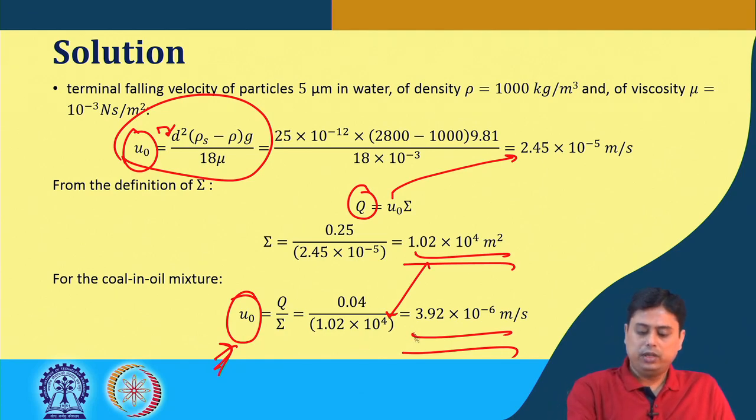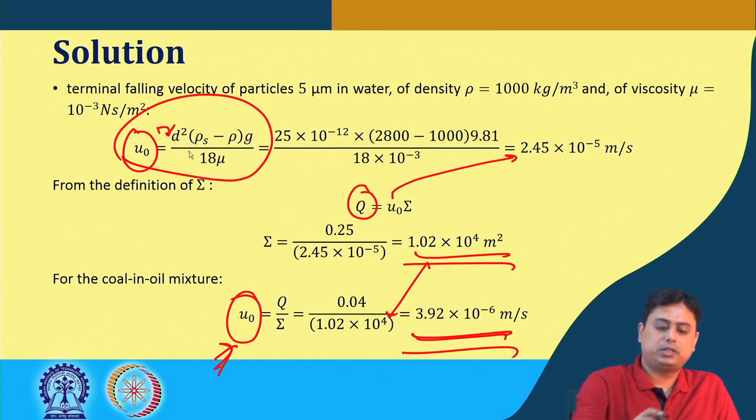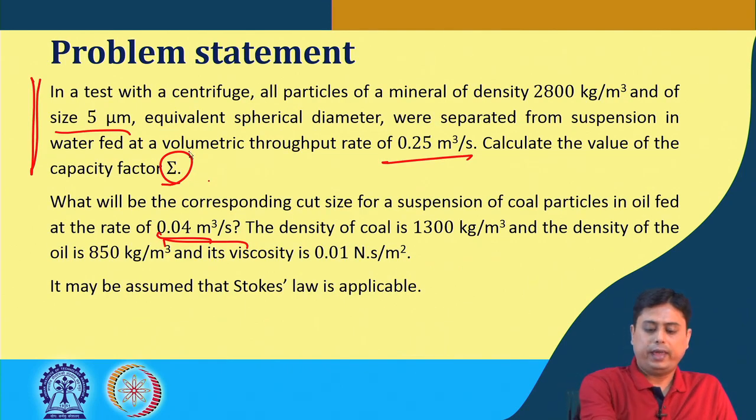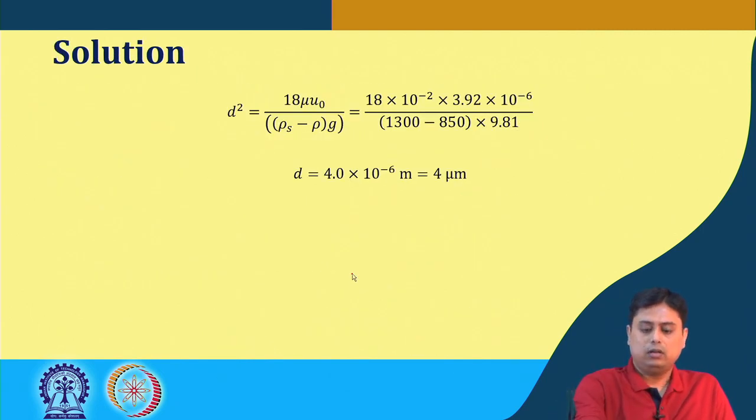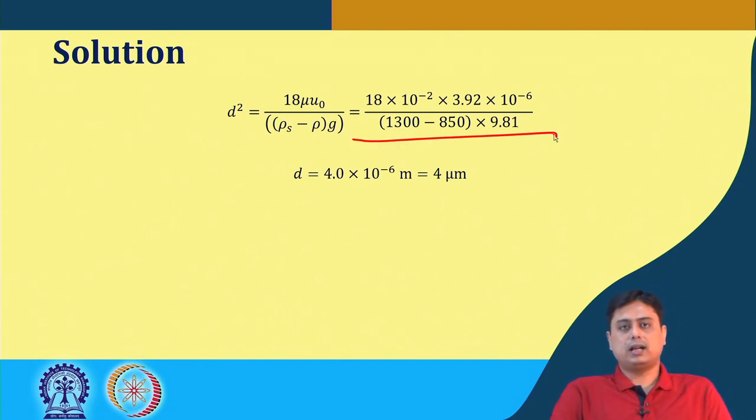So, using 3.92 into 10 to the power minus 6 in this expression, and rho s as 1300, rho f as 850 and mu as 0.01, we get the cut size as 4 micron. So, this would be the cut size if the feed is changed to oil containing coal particles of known density and viscosity.